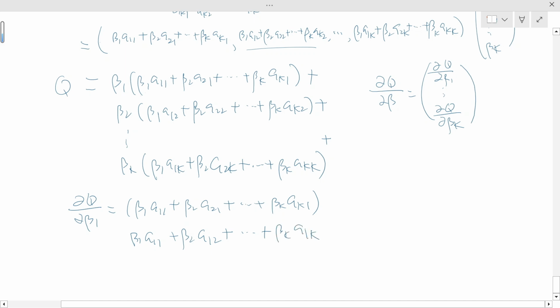And now you should know that A21 is the same as A12, and AK1 is the same as A1k, because this matrix X prime X is symmetric. So add these two up. This is actually equal to 2 times beta 1 A11 plus beta 2 A21 plus beta k AK1.